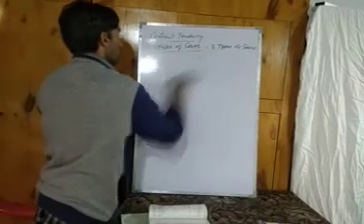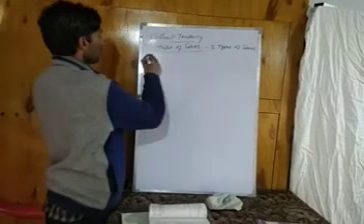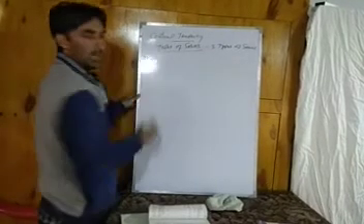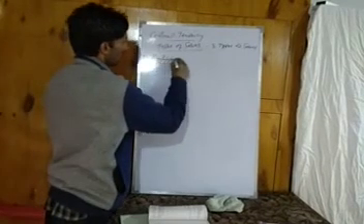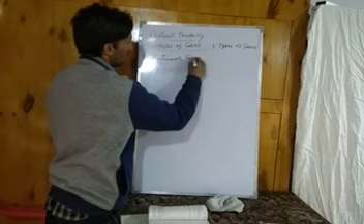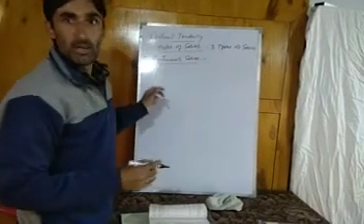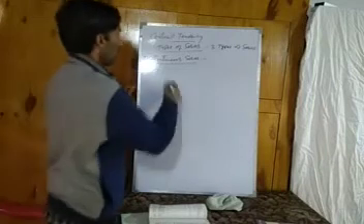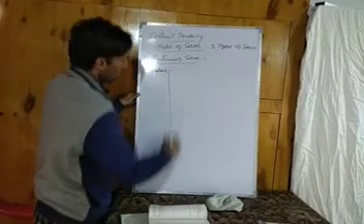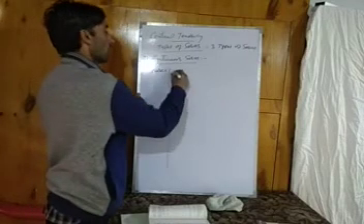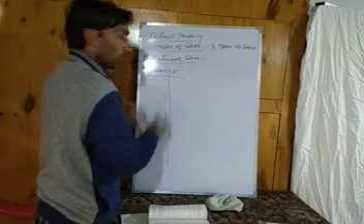Next, the third one is our continuous series. In continuous series, we have values in groups. For example, we have marks of students, and we have frequency. Here the values of the variable are shown in groups.